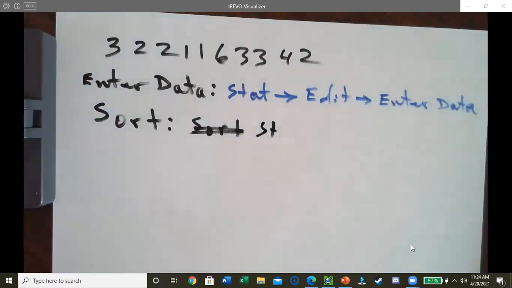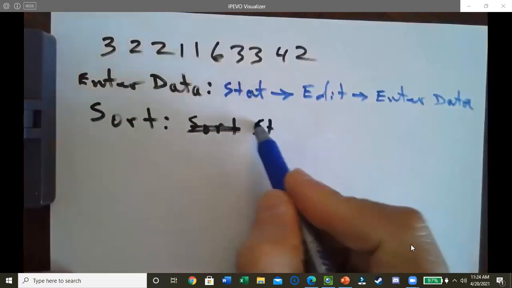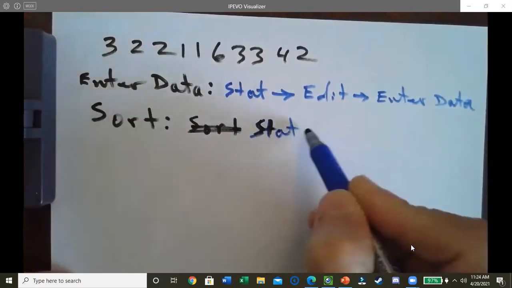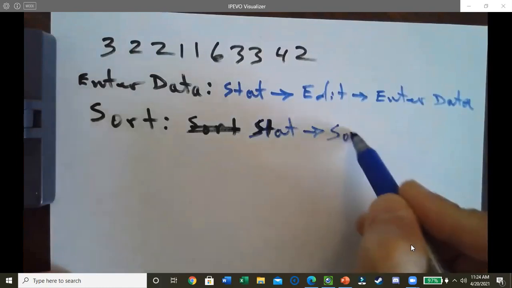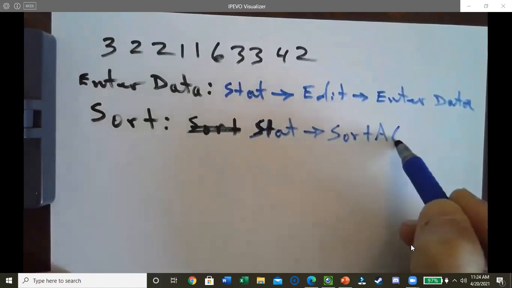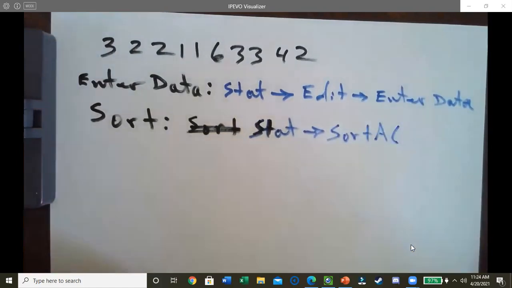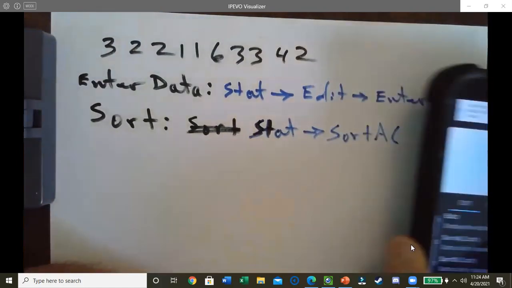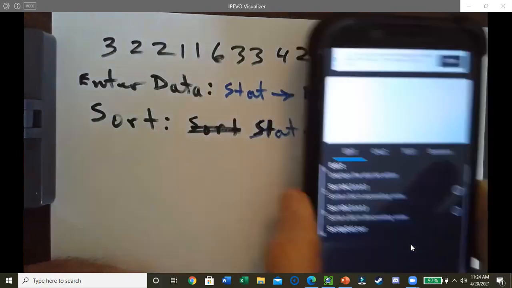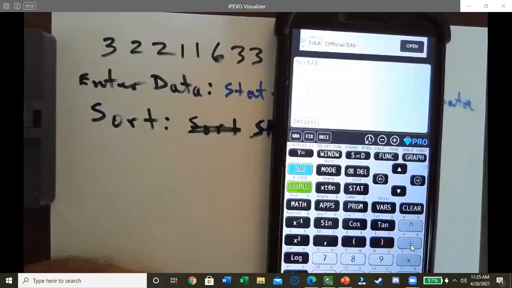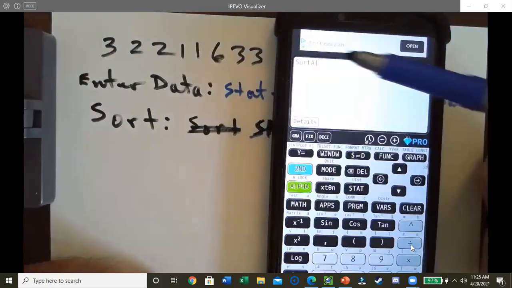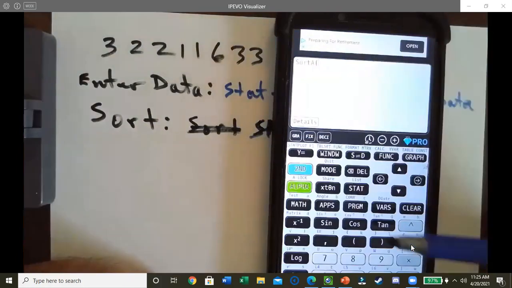You're going to go to stat, and then you're going to go to sort A. Okay. And then you're going to go to L1. So you hit sort. And notice it says sort A. And you're going to put in L1.